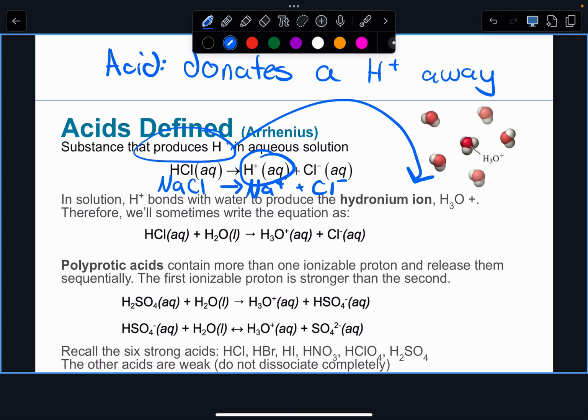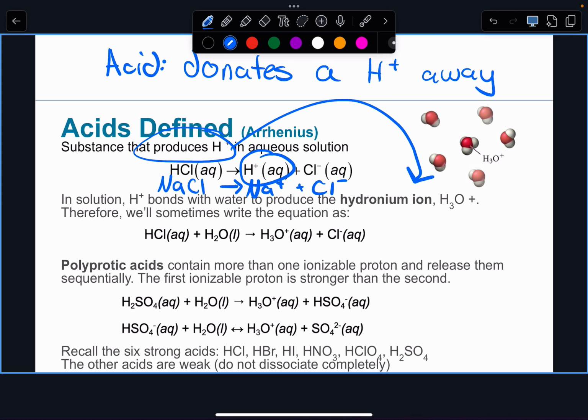Chocolate, spinach, those are examples of bases in food. Bases are also slippery. Soaps are an example of a base. If you accidentally get some hydroxide on yourself in the lab, you're going to feel that it's a little bit slippery. Okay? All right. So the thing that's responsible for that acid behavior is the H+.